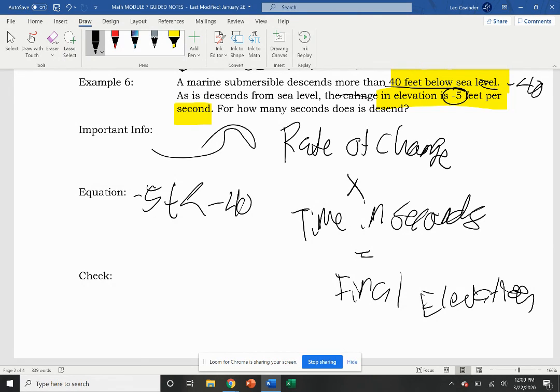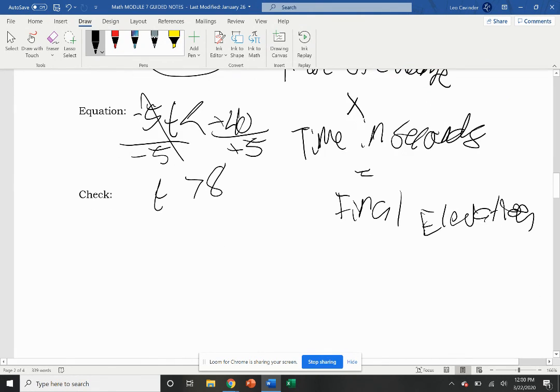Okay, so now we're going to solve this. And we're going to divide by negative 5. As you can see, we're dividing by a negative, so we're going to flip the sign, which gives us t. These are both negative, which makes a positive. Negative 40 divided by negative 5 is 8. And that's our answer.